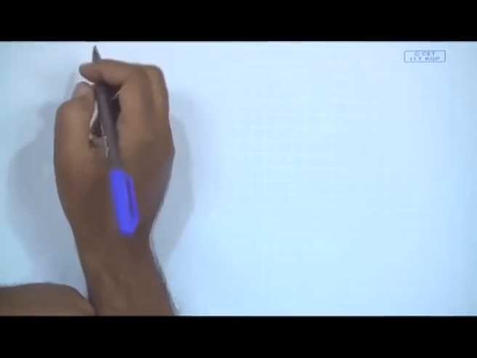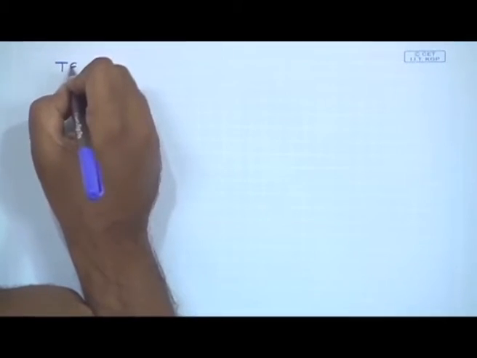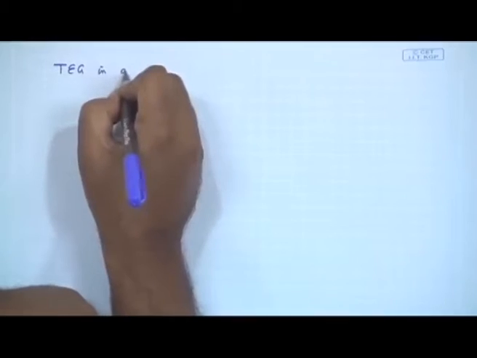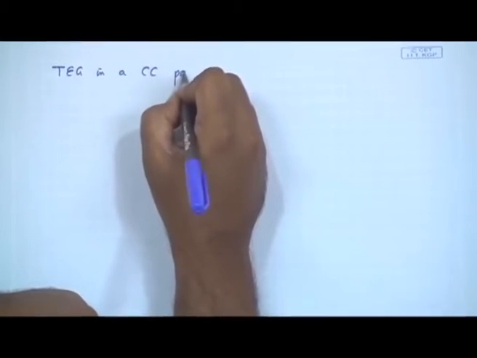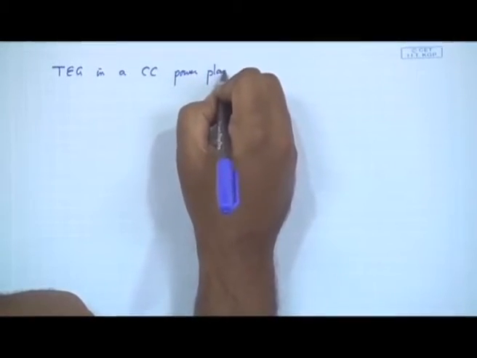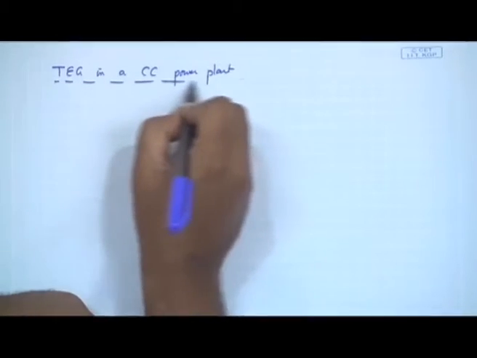So, what we are going to do next is we will wrap it up with a couple of configurations. How can we use the TEGs, the thermoelectric generators, in a combined cycle power plant, let us say. So, TEG in a combined cycle power plant can be used in two ways.